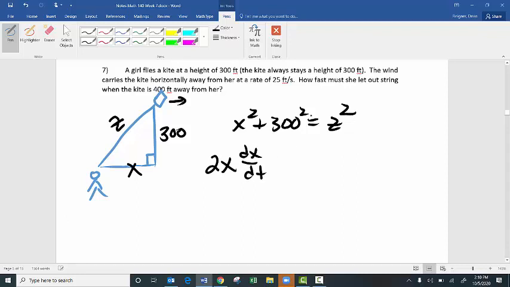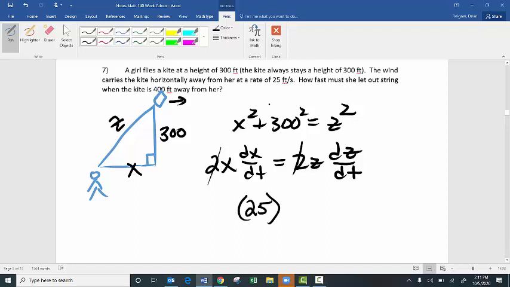you get that. The derivative of a number is 0. 2x dx/dt equals 2z dz/dt. All right, 2's can cancel. So now let's see what they give us. The wind carries the kite horizontally away from her at a rate of 25 feet per second. This is the rate x is changing.